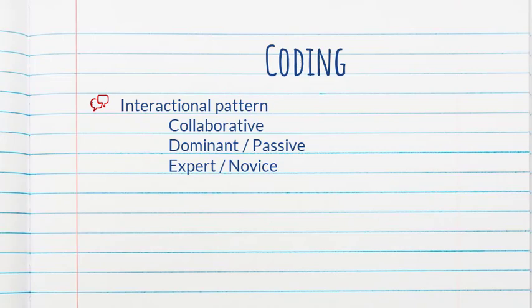In the expert novice pairs, you also have one learner with more control, but there's a little bit more engagement with each other, in the sense that the expert encourages the novice to contribute to the task. So out of these 3, collaborative would probably be the best, expert novice would probably be the second best, and dominant passive probably not the best.